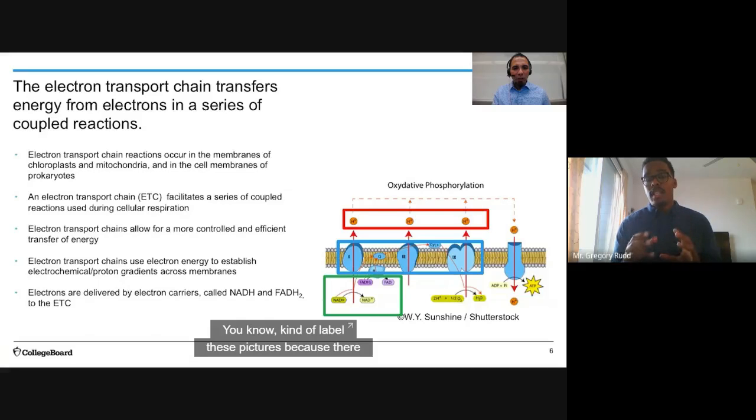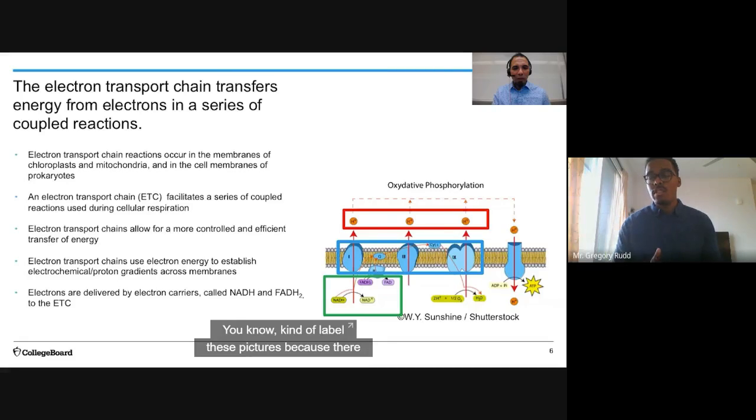But they're going to use the electrons, and as those electrons return back down to their ground state, they're "losing" energy. I put losing in quotes because we know energy is never fully lost. It cannot be destroyed. So that energy is not just disappearing.